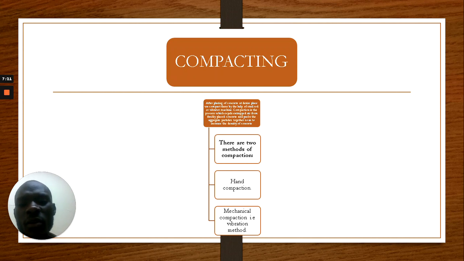And there are two methods of compaction, where we have hand compaction and mechanical compaction. Hand compaction is the compaction of concrete by use of hand tools, while mechanical compaction is compaction of concrete by use of mechanical machines like poker vibrator and pan vibrators.